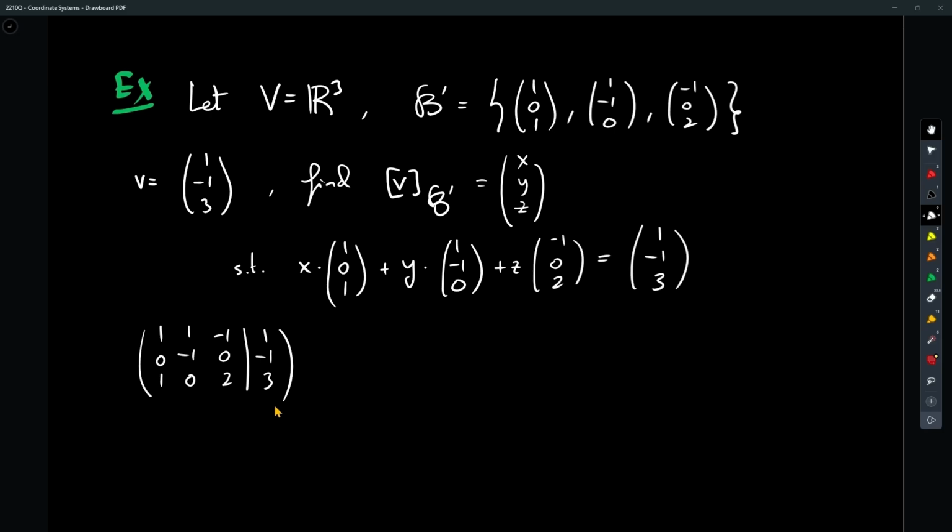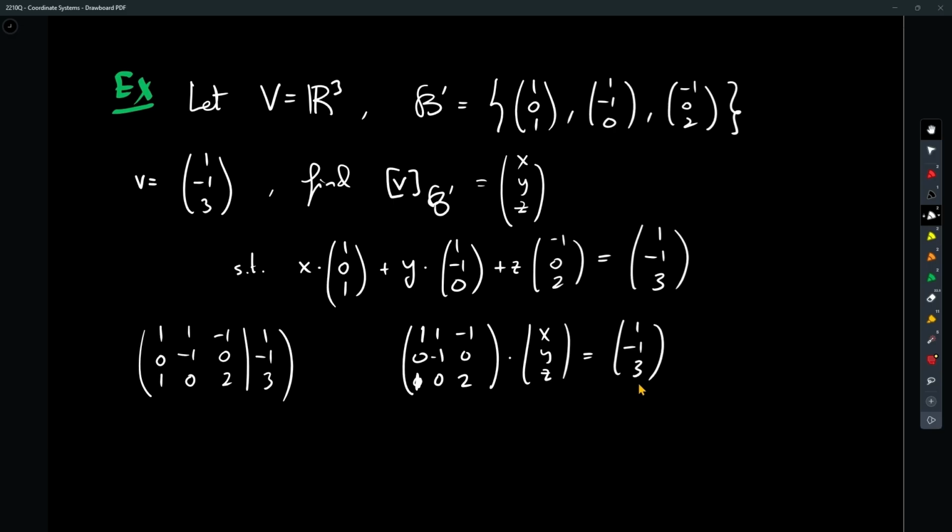And I can try to solve here. If you want, we can write it as the matrix with columns 1, 0, 1; 1, minus 1, 0; minus 1, 0, 2, times x, y, z equals 1, minus 1, 3.